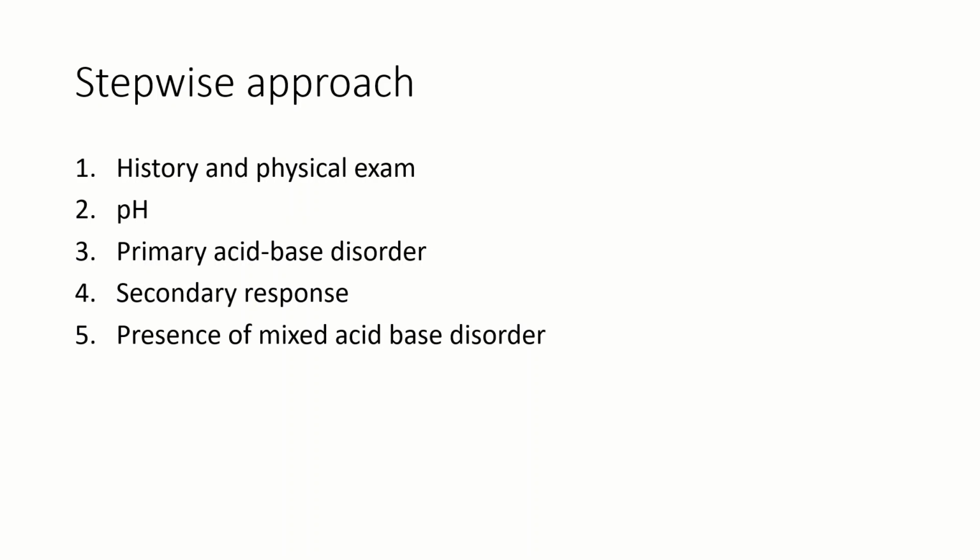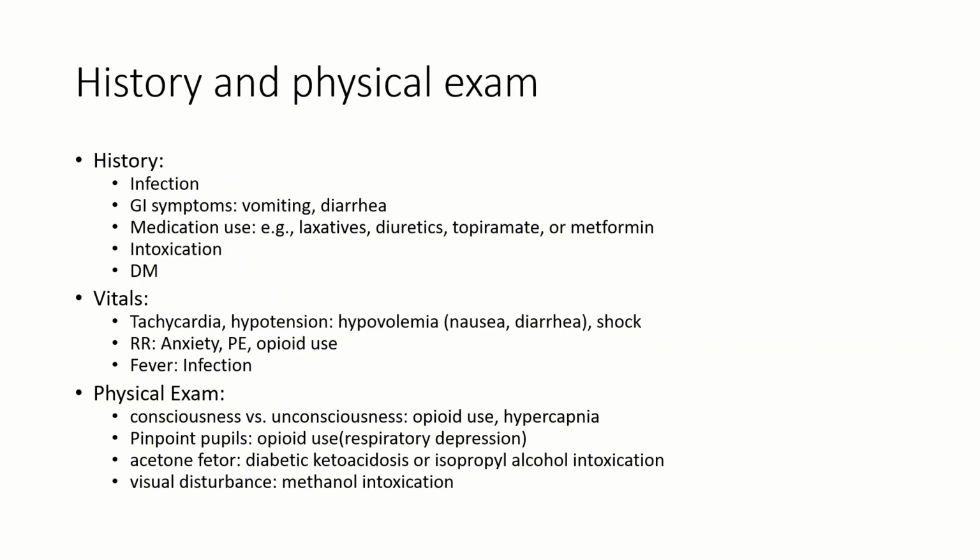Whenever we are talking about acid-base disorders, it is always good to follow a stepwise approach. First we look at history and physical exam, followed by pH, followed by the primary acid-base disorder, the secondary response, and the presence of a mixed acid-base disorder. There are so many hints in the history and physical exam that would help us.